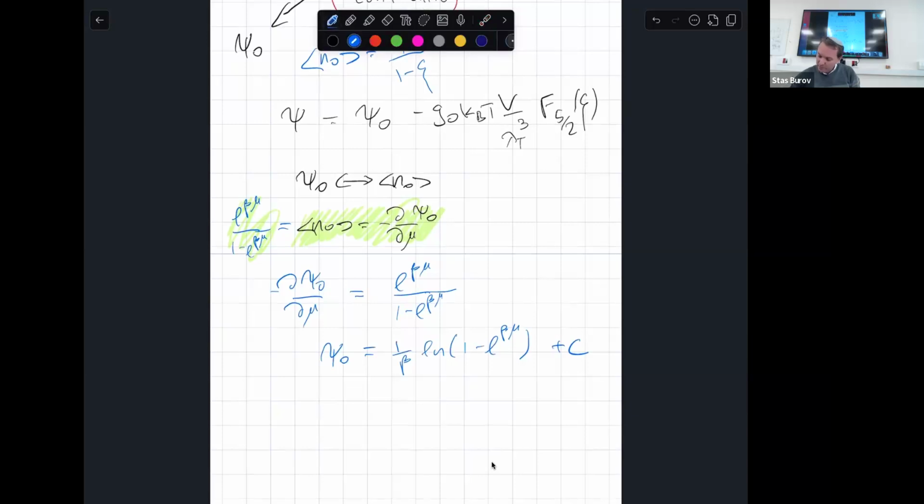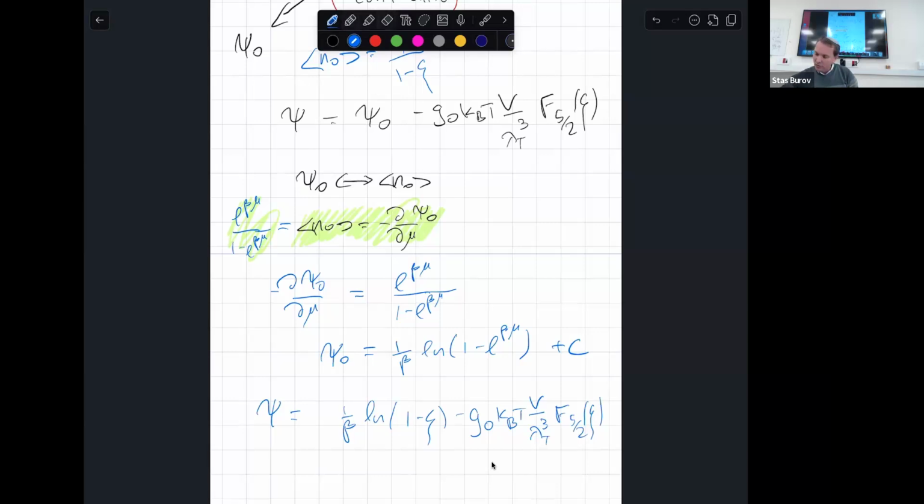Anyhow, psi now equals 1 over beta log of 1 minus the fugacity, minus G0 k Boltzmann T V divided by lambda T to the third power f 5 halves of the fugacity.